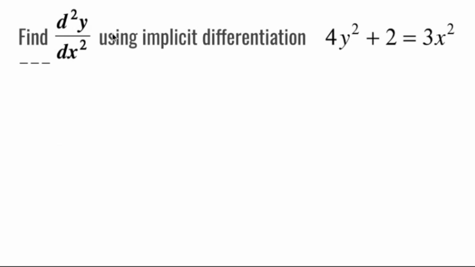Find the second derivative using implicit differentiation. All right, well, let's take the first derivative. Take the d dx of both sides. When you do implicit differentiation and you take the derivative with respect to x, you just take the derivative normally for many of these.